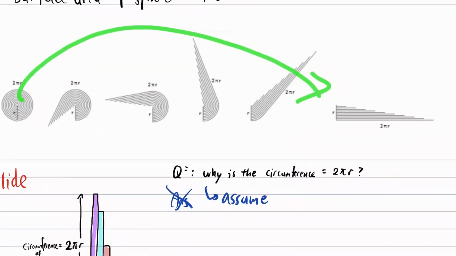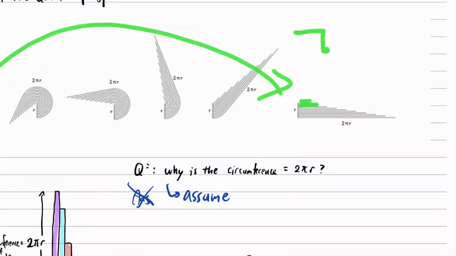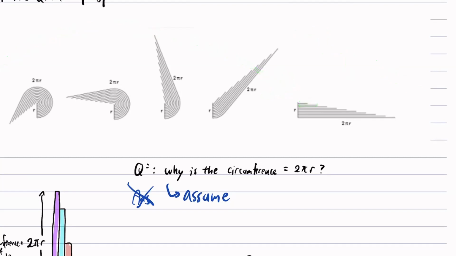Even though it looks like a very jagged staircase shape, if you increase it to infinity, a lot of these circular strips unwrapped into many rectangles, this staircase shape will eventually become a very smooth straight line. Can you see that?